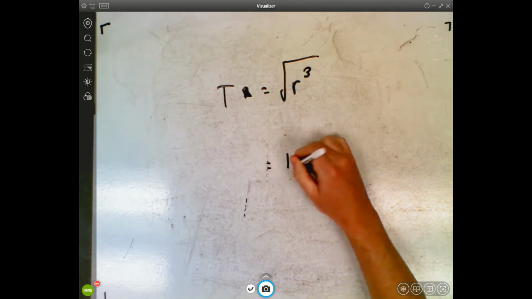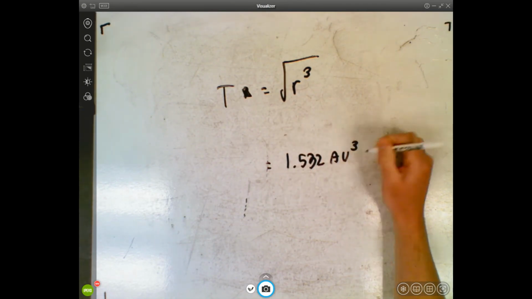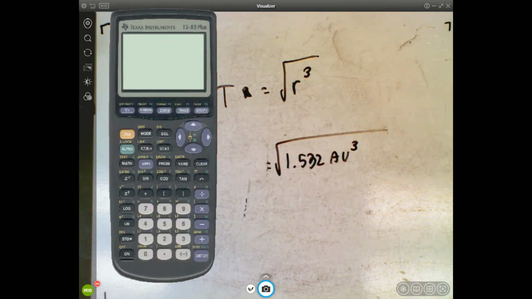So we would go 1.532 astronomical units, and we'd cube it, and then we'd square root it. So 1.532. And then to cube it, if you go into math 3 here, you can cube it, and then we'll square root our answer.